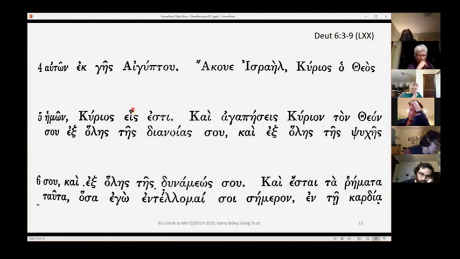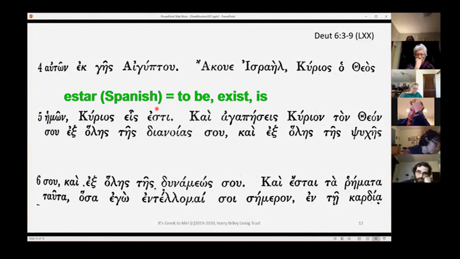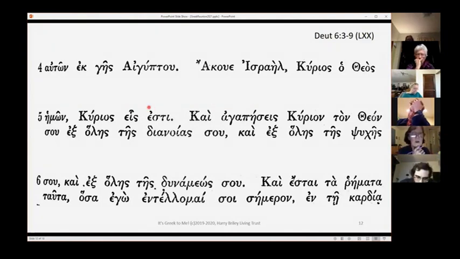How about this one? Este. Just like Spanish, esta, this is to be, or exists, right? So I'll go back to this one. Heis is counting, so it's one. Duo, two. So Lord one exists, or Lord one is, period, end of sentence.